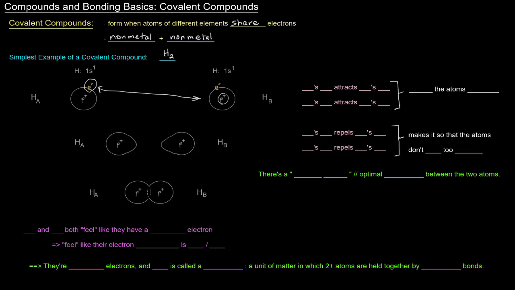So that's going to draw these two atoms closer together. So HA's proton will attract HB's electron, and HB's proton will attract HA's electron. And this will draw the atoms closer together.